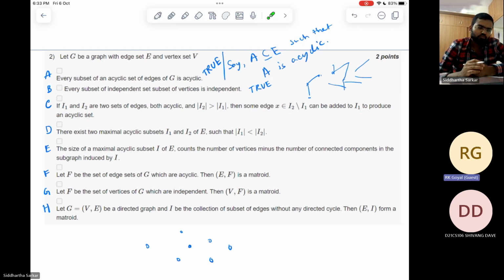So if it is not forming a cycle in I2, is it necessary that it is not going to form one in I1?